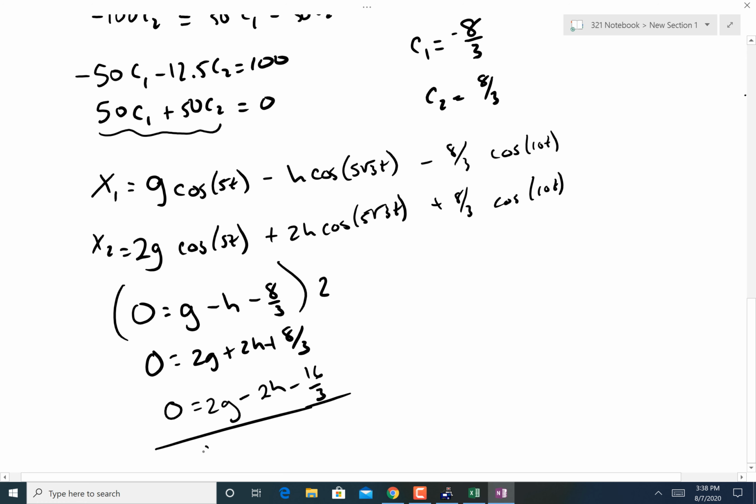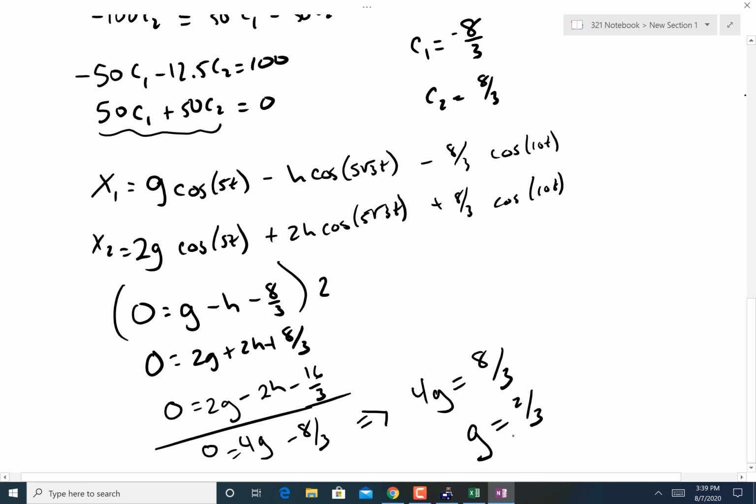If one were to add, one would get 0, 4g, 0, and negative 8/3. And so you get 4g is equal to 8/3. That means g is equal to 2/3.